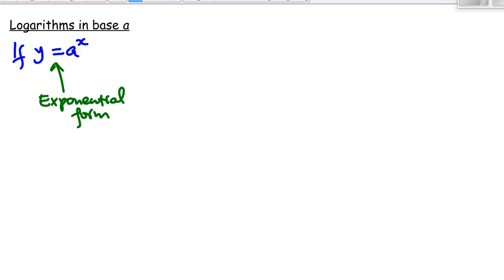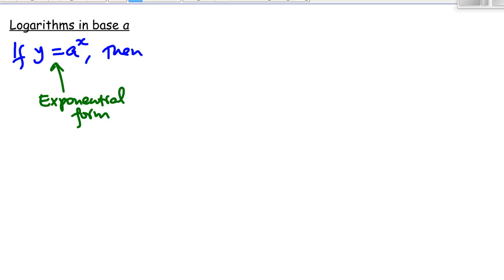I'll show you something else. Log to base a. Now, log to base a, if y is equal to a to power x, whereby this is exponential form, then we can write this in logarithmic form.